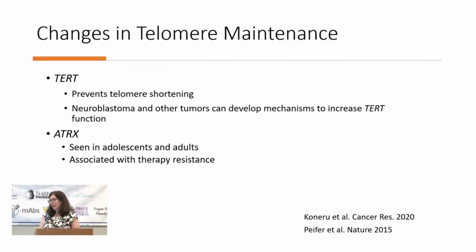And so these genes, TERT and ATRX, are genes that alter the function of telomeres. We often see these in our older patients, as we alluded to, that can have these changes and allow the cells to survive longer than they would. And they can be additionally associated with therapy resistance, not responding to our therapies in the same way that we might otherwise. And so these are some genetic changes that can happen that dictate the behavior of our neuroblastoma tumors.